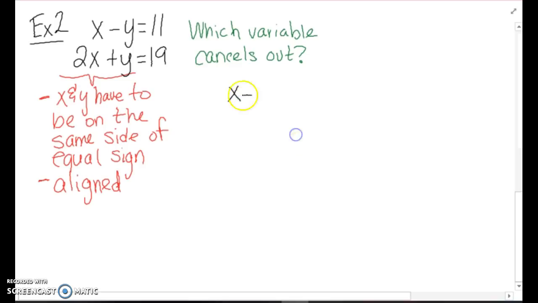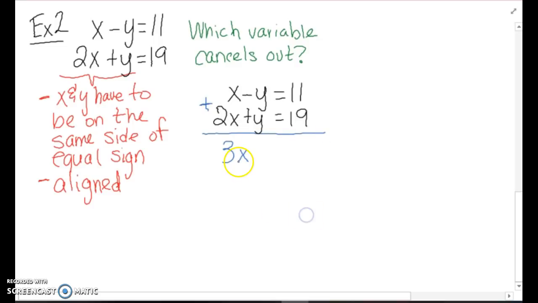So let me write it over here. If I add my equations, 2x plus 2x is going to give me 4x. And a negative y and a positive y cancels out. And that equals 11 plus 19, that's going to give me 30.